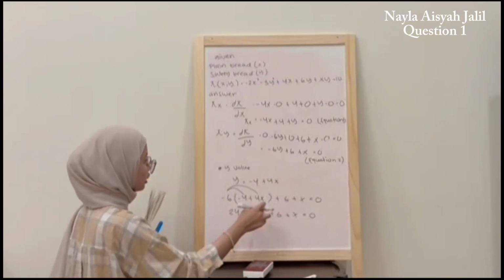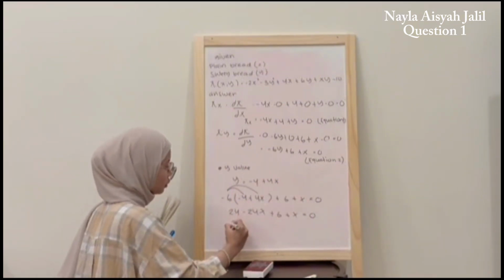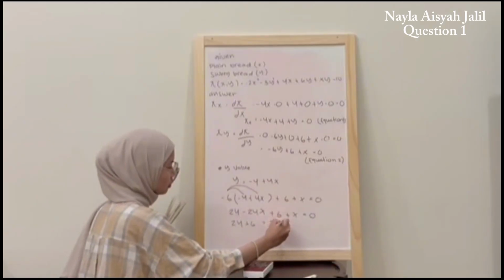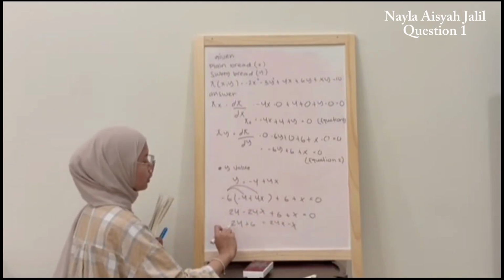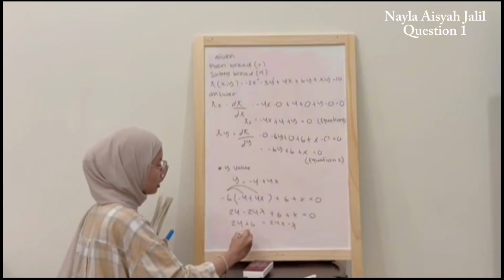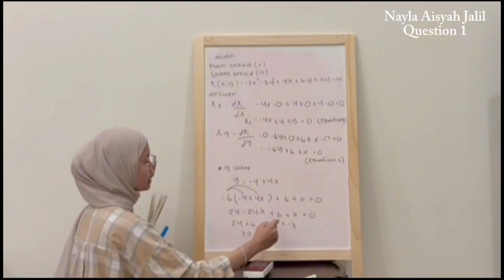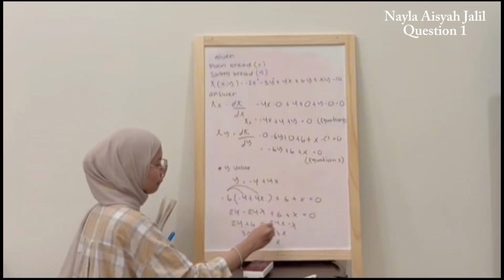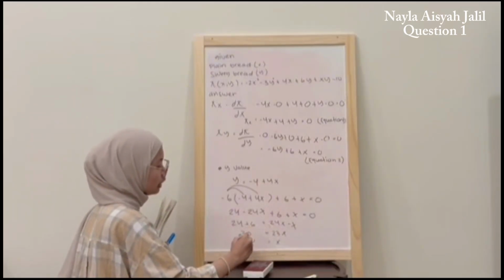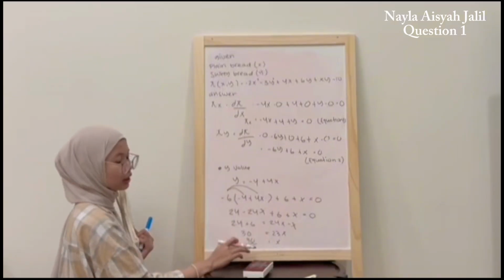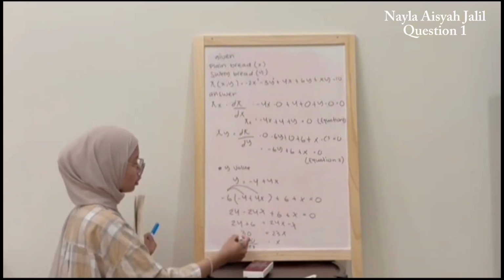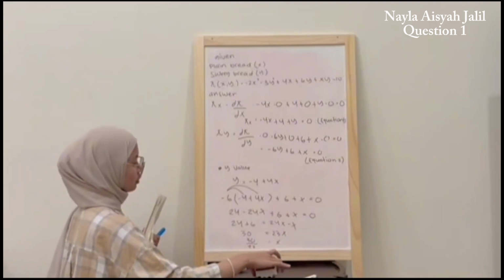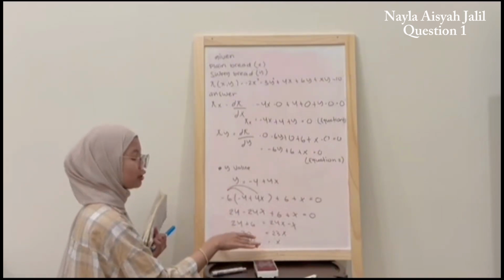So we can move. So 24 plus 6 is 30, and then minus 24x plus x is minus 23x, so x is 30 divided by 23. So this is the fraction. So for decimal, wait. So this is the fraction x value.